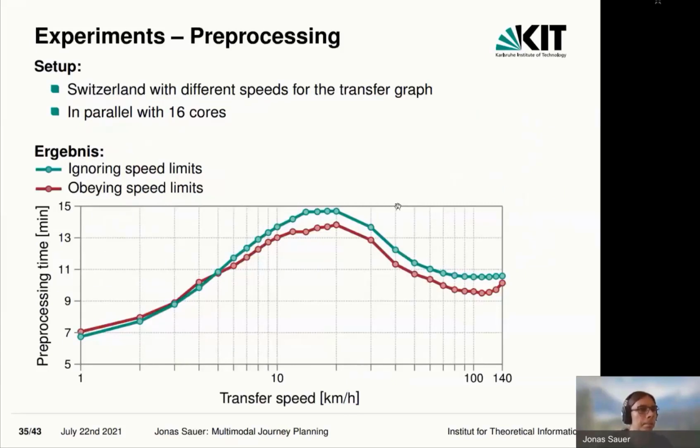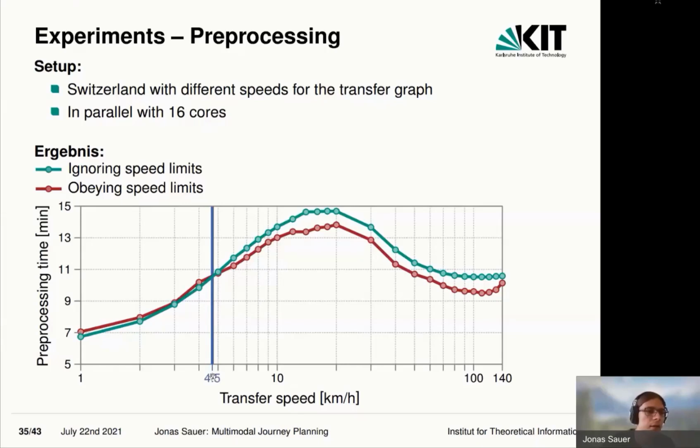All right. We have about 10 more minutes, which is probably enough to go over the experiments. This is on the Switzerland network with 16 cores, and this is the shortcut computation. And the x-axis shows you the transfer speed of the transfer mode that we use.